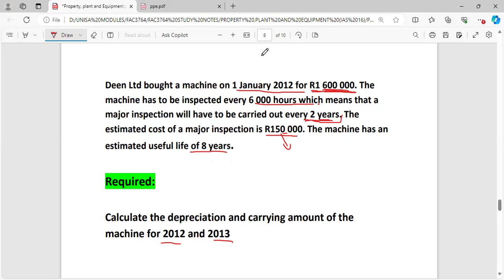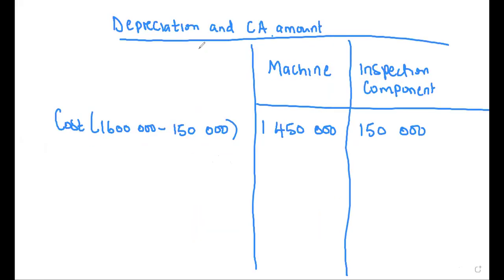So we are going to have depreciation. For the machine, it's going to be 1,450,000 divided by 8.